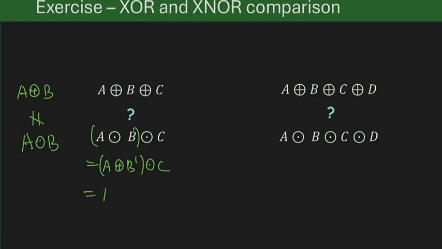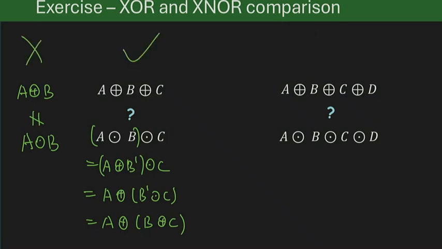And then I'll just do some regrouping: B prime XNOR C, which gives me A XOR B XOR C. So the three-input XOR and XNOR are the same.